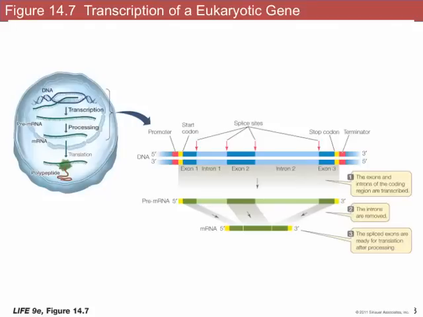This does not necessarily mean that eukaryotes are more complicated or complex or higher than what occurs in bacteria and archaea. Bacteria and archaea have their own interesting features that they're able to do because of their coupling of transcription and translation. So for example, there are feedback loops where when a bacteria or an archaea is translating the RNA, it can, for example, tell when the cell is low in certain amino acids that are required to make certain proteins.